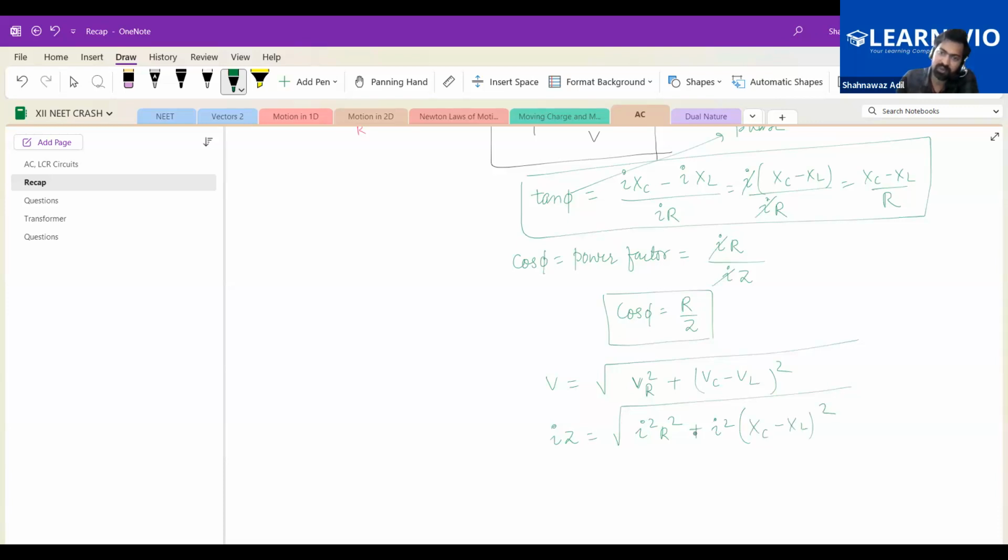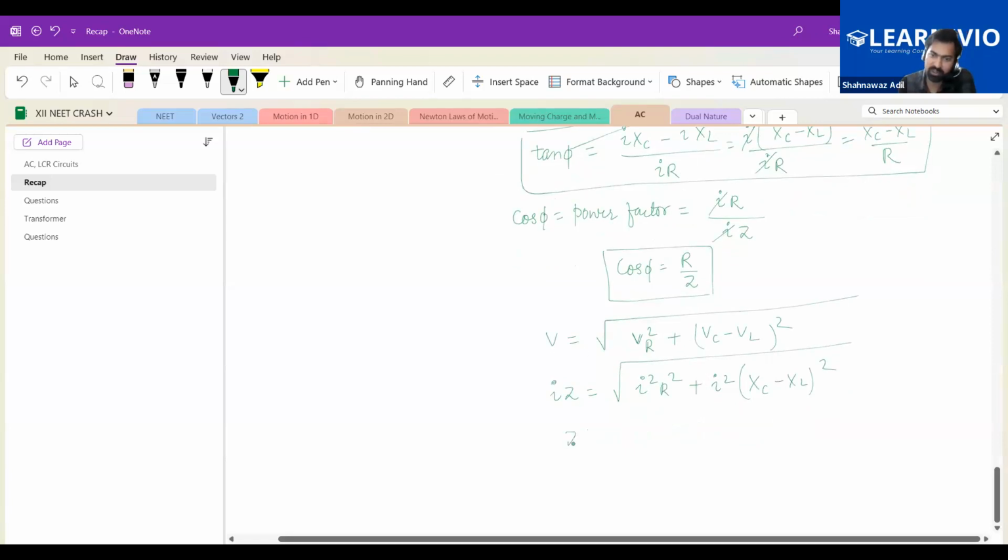So I square we can take common, and it cancels, and you will get this. This is the important quantity. One is in the voltage form, and the other is in the reactance form. This is what we call impedance.